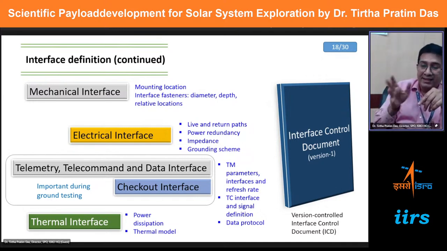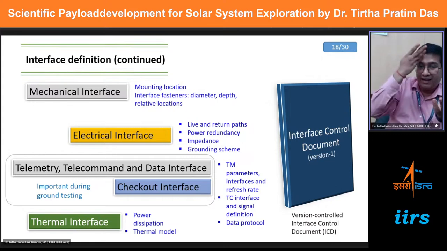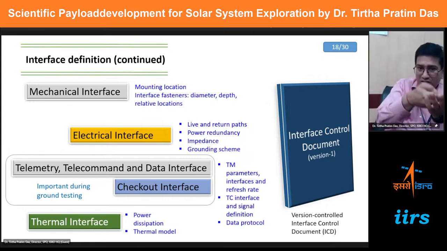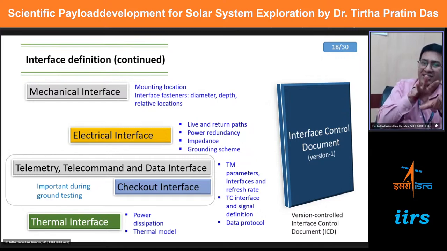Thermal interface is another interface wherein you do the thermal management of the system. You know how much power your instrument is dissipating. When the instrument is on for some time, you can feel it like you feel the fever on the forehead. The instrument is getting hot. That heat which is dissipated by the instrument, how to deal with it, that is done by the thermal interface.